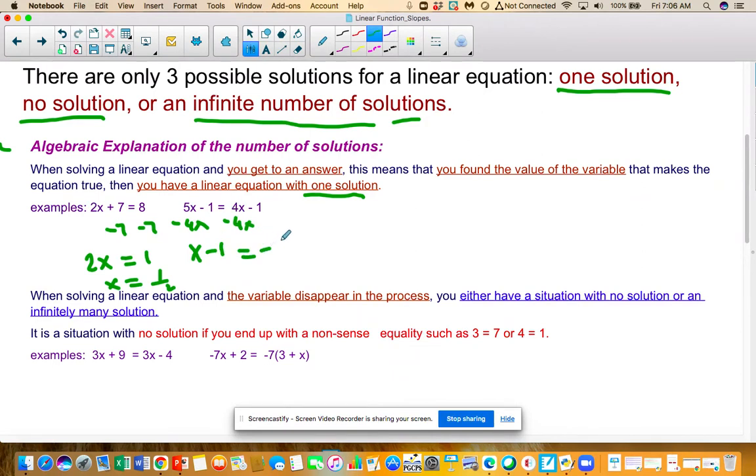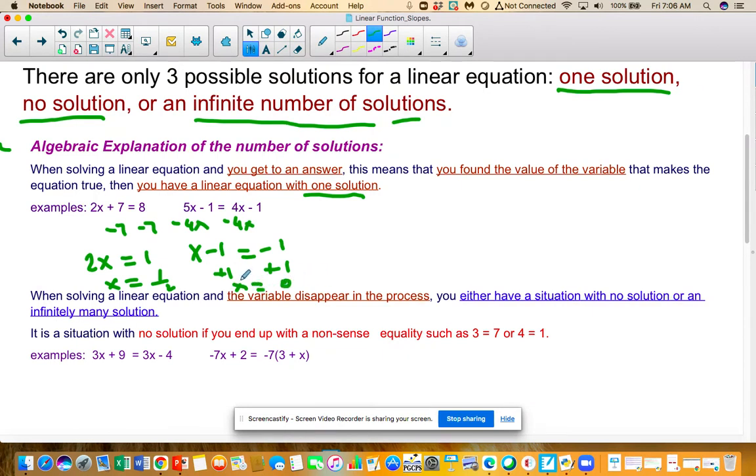So I just have negative 1 left. And I can add 1 on both sides. Negative 1 plus 1 is 0. So I am left with x equals 0.